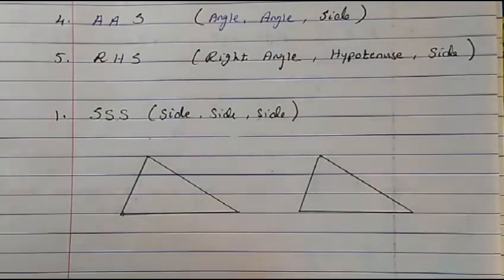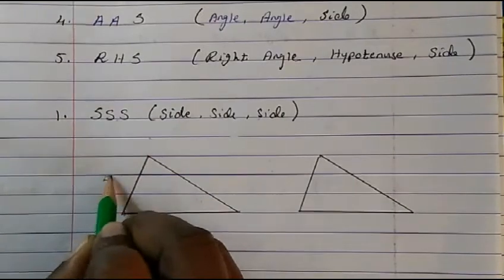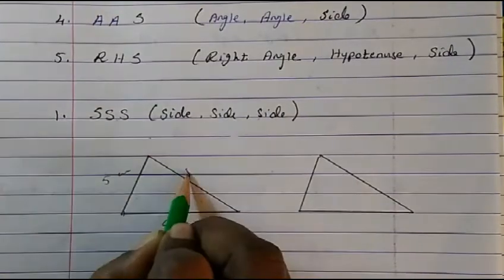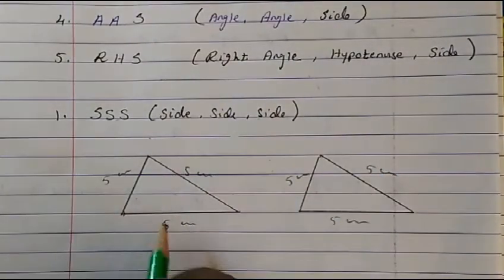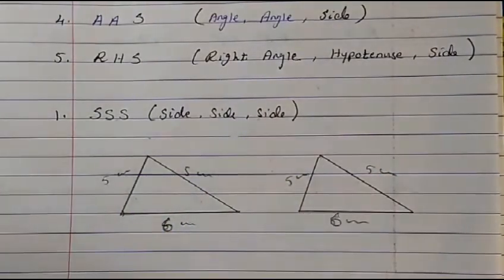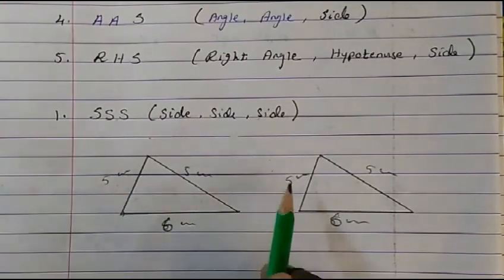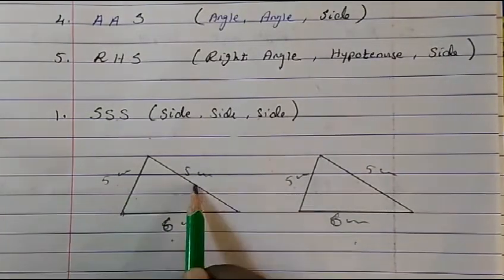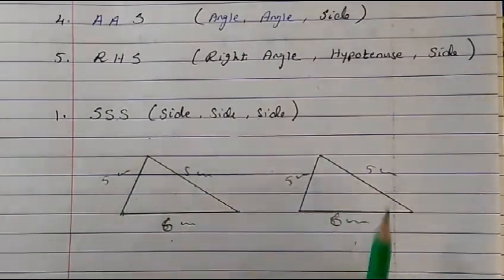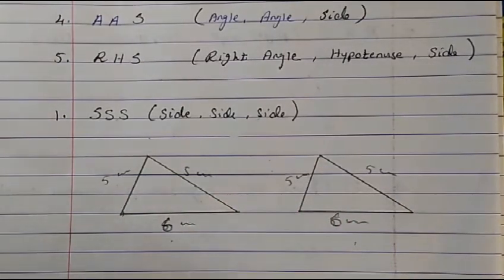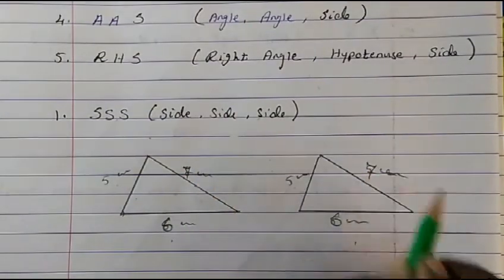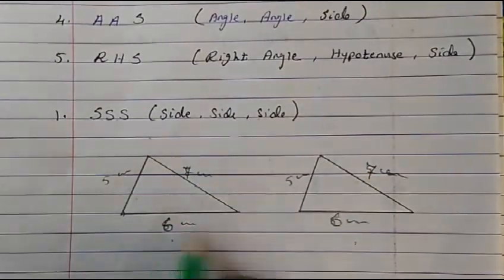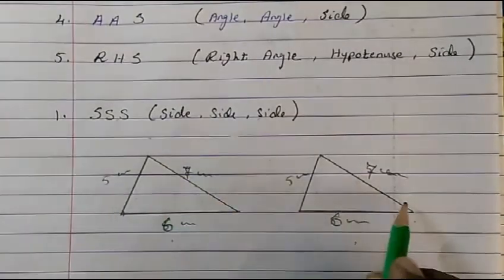If you find two triangles where all 3 sides are the same, for example, here 5 centimeter and here also 5 centimeter, here 6 and here 6, here 7 centimeter and here also 7 centimeter.